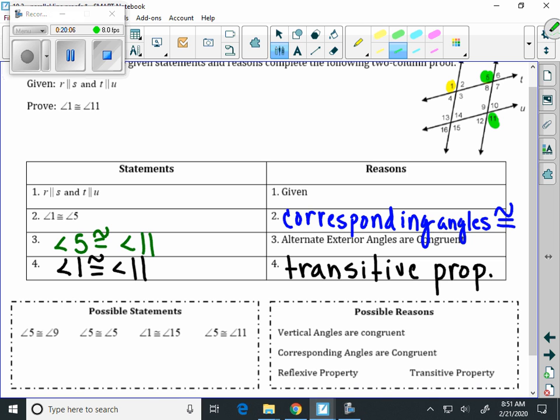And yes, we're looking at parallel lines T and U. They're outside of the parallel lines and they're on opposite sides. So those are alternate exterior angles are congruent. And then lastly, we've already got that put in there. Again, 1 is congruent to 5. 5 is congruent to 11. We're transporting the 1 across the 5 to give us our transitive property.